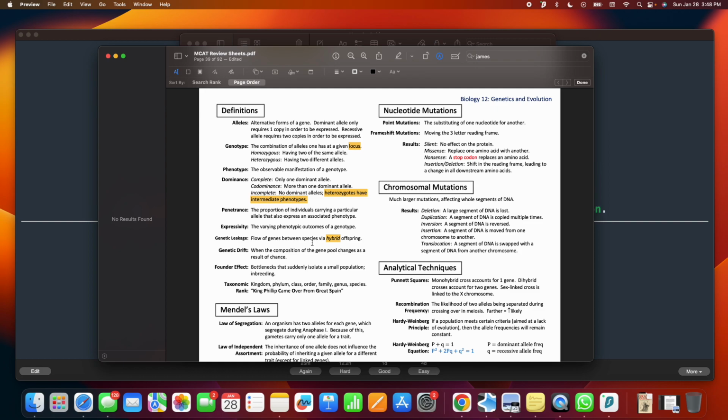For example, probably a zebra, which is, I think, a mix of horse and donkey and an Oreo. I'm joking, but you get what I'm talking about, right? So this is genetic leakage. That's interesting. So hybridization is associated with genetic leakage.